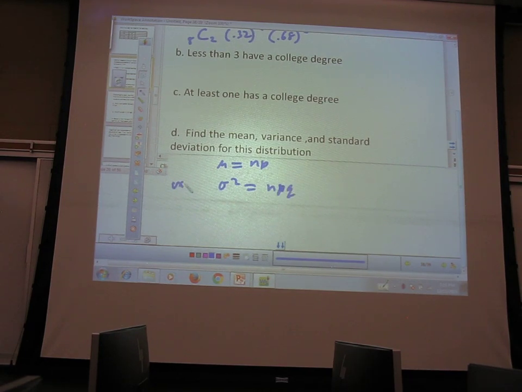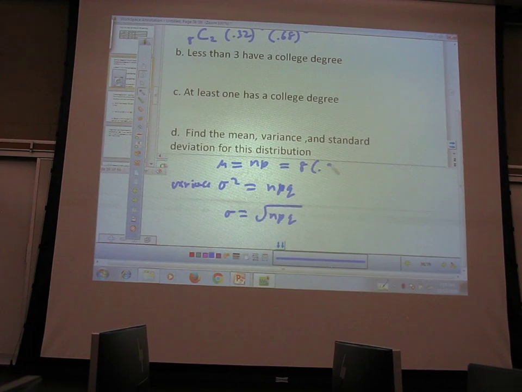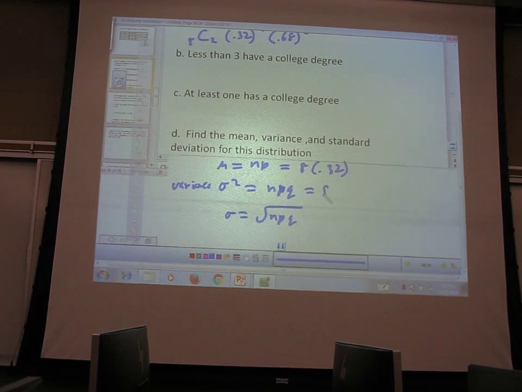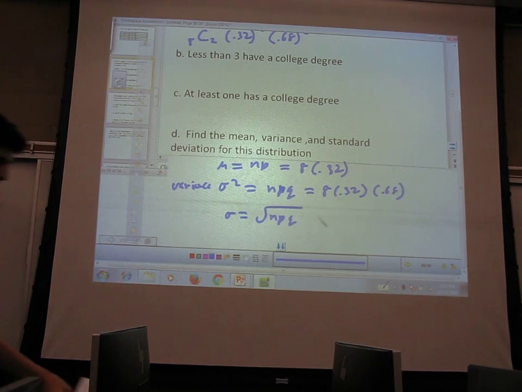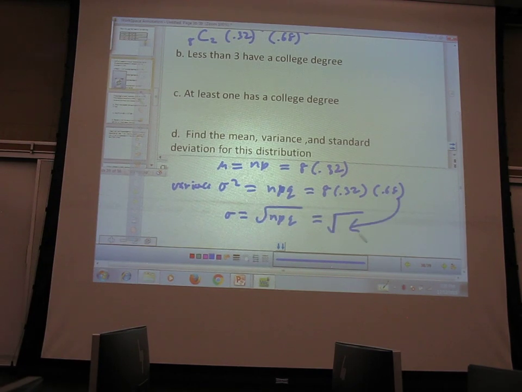And my standard deviation is the square root of npq. So n is 8, p is 0.32, npq would be 8 times 0.32 times what's q? 0.68. The standard deviation is the square root of whatever that is.